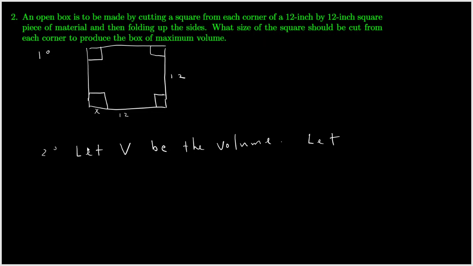What do we mean by the size of the corner squares? Everything is a square, the side length, okay? So just the x, my x in step 1. Just say let x be the side length of the corner squares to be cut. That's right, yeah, to be cut.